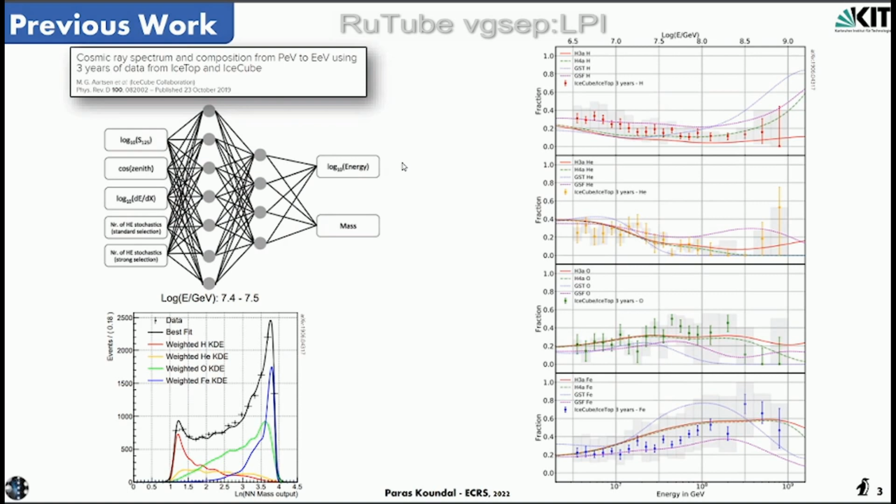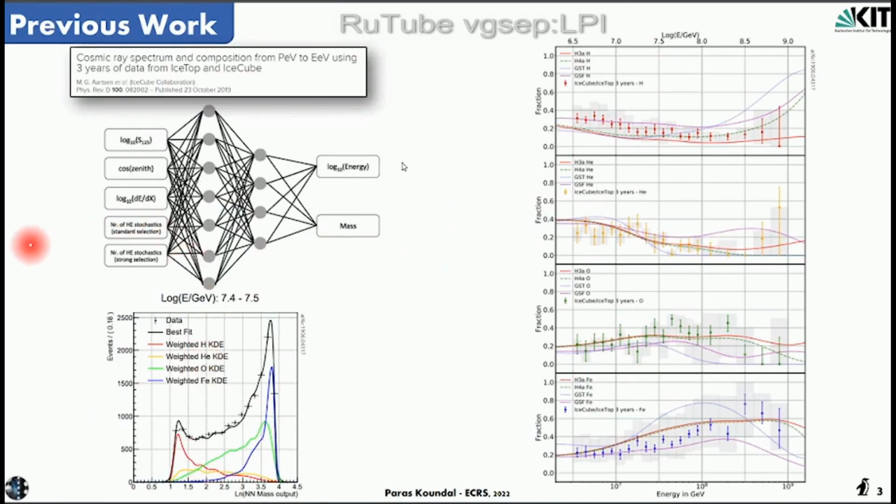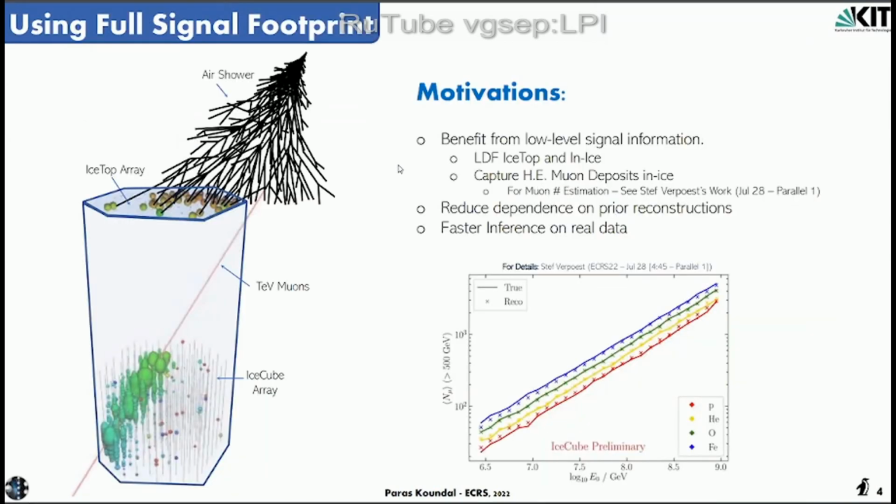As I told you, my talk is divided into two sections. The first one is, obviously, to move beyond these features and try to use some low-level information. So try to use the full footprint, and that's what the first section is. The motivations are obvious.